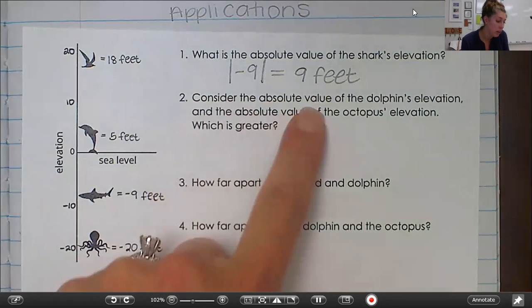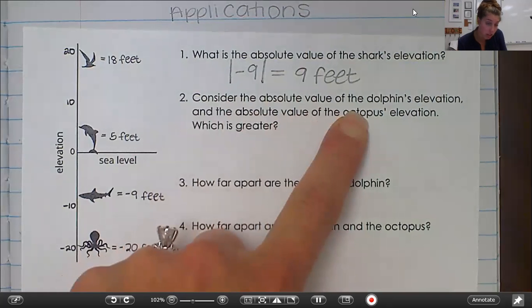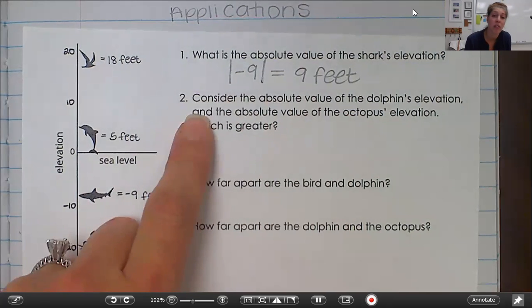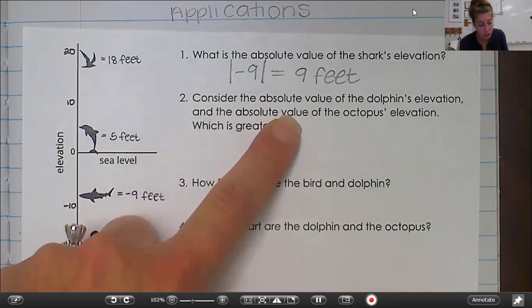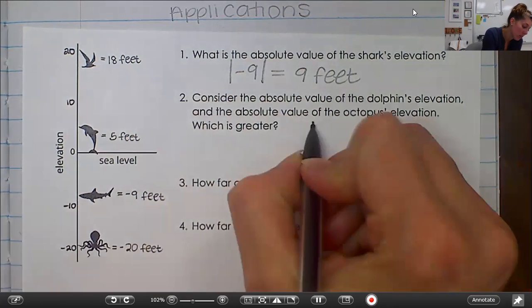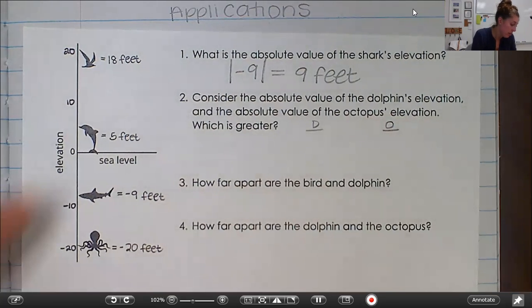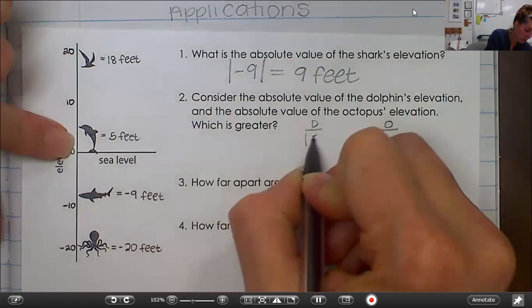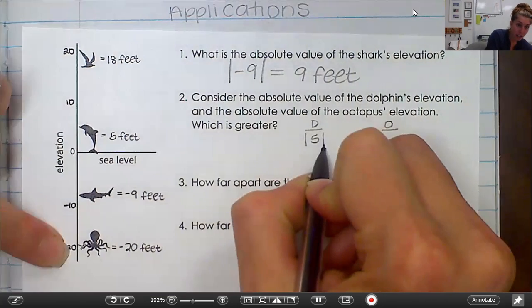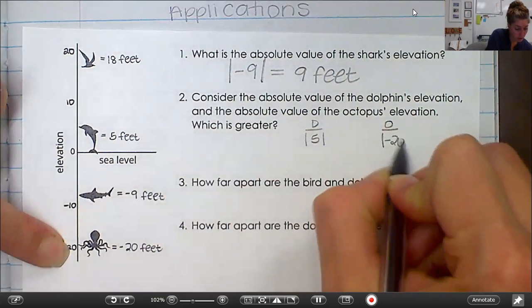Consider the absolute value of the dolphin's elevation and the absolute value of the octopus's elevation. So I'm going to consider the dolphin and the octopus. I'm going to label that. The dolphin, the absolute value of 5 is what I'll need. The octopus, the absolute value of -20.